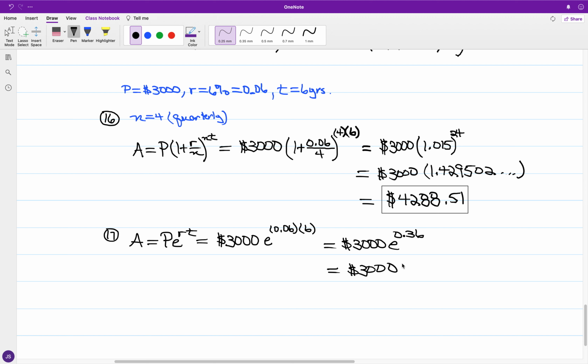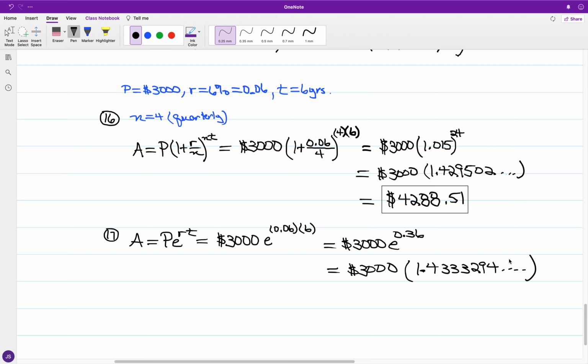With that e value, that number is right at 2.718, and for e to the 0.36 we have like 1.433329 and some places after that.